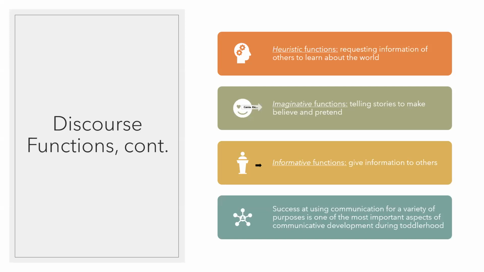Or sometimes we use informative functions, which theoretically is what I'm doing now. Now, being able to use a variety of discourse functions, and it says discourse functions continued because the slides are out of order, you're welcome, is a really important aspect of communication development in toddlerhood, because it shows that children are really understanding the nuances of use in their language and with their communication.